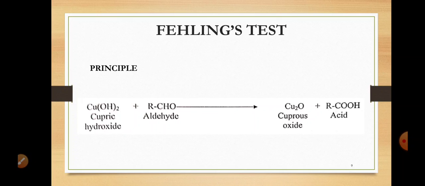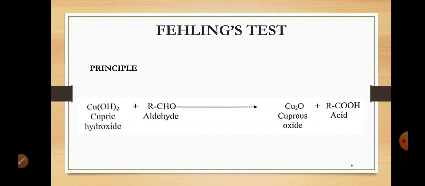The reduction occurs best in an alkaline medium. This is very important. How is it provided? It is provided by the presence of potassium hydroxide in your reagent. The sodium potassium tartrate, whatever you have used in your reagent preparation, keeps the cupric ions in solution as a complex, and prevents the tendency of cupric hydroxide to precipitate.